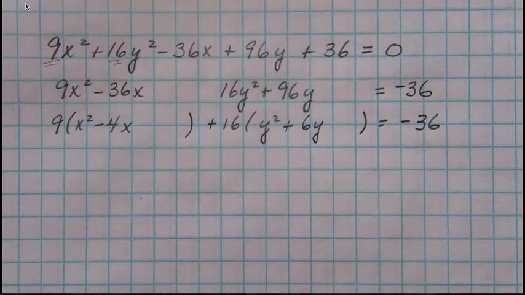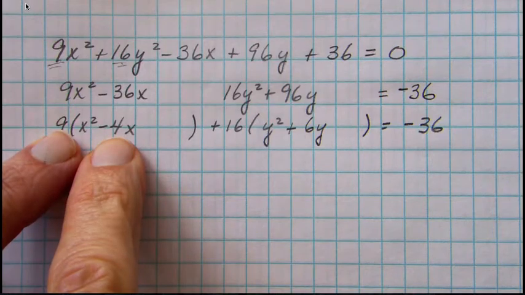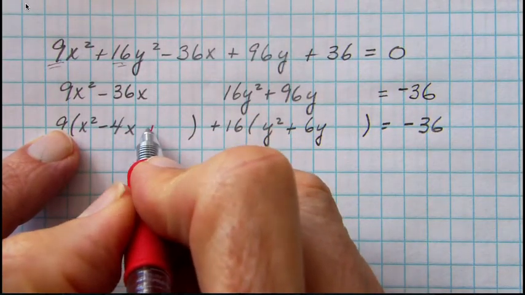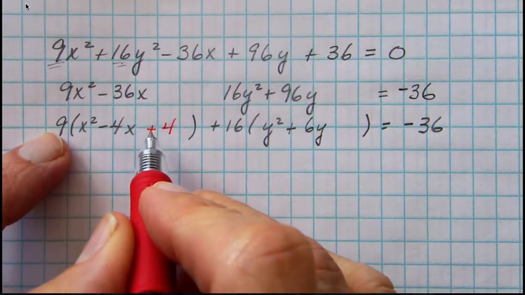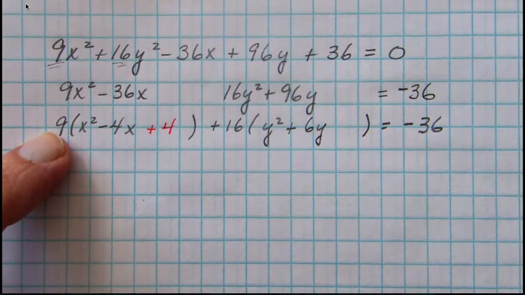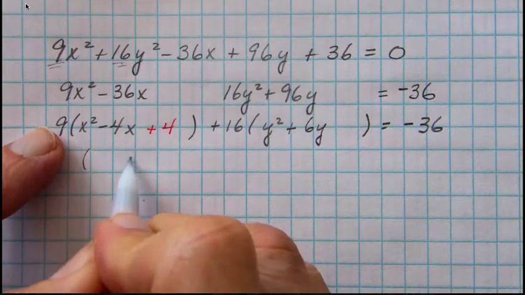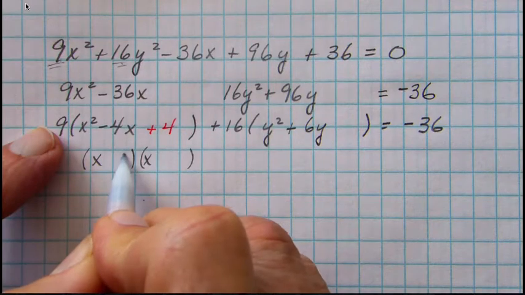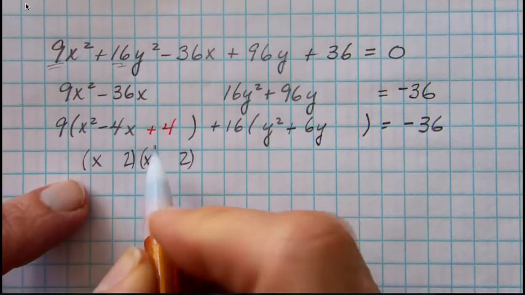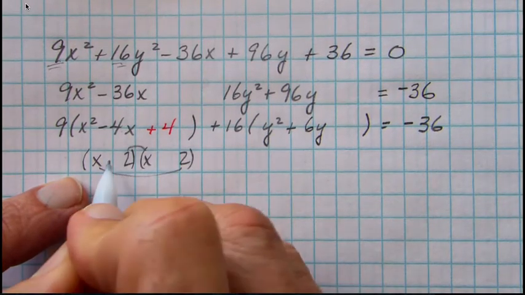Now comes the completing the square step. Half of 4 is 2, and 2 times 2 is 4. So if I put a plus 4 here, that should make this factor into a binomial squared. Now would be a good time to check that. x squared minus 4x plus 4: x times x, and then 2 times 2 gets me 4, and minus 2x would make minus 4x.